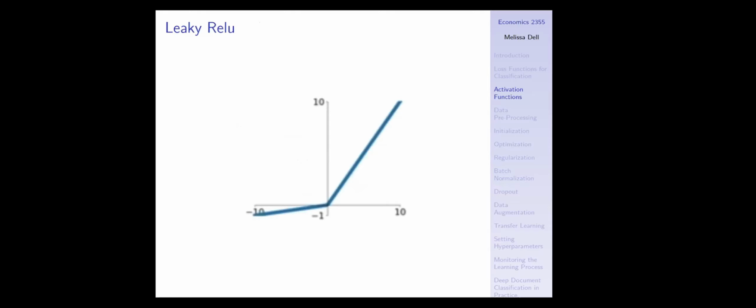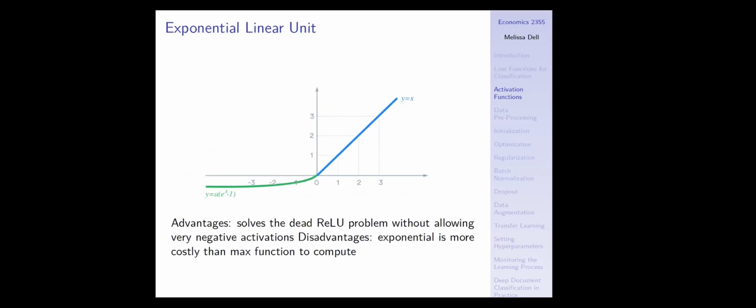Okay, you can maybe solve this with a function that's sometimes used, called a leaky ReLU, which avoids having a 0 slope by having a very slight slope in the negative part of the domain. Or there's something called an exponential linear unit, which in the negative half is exponential, and then linear in the positive range.